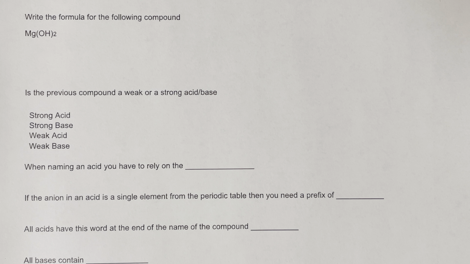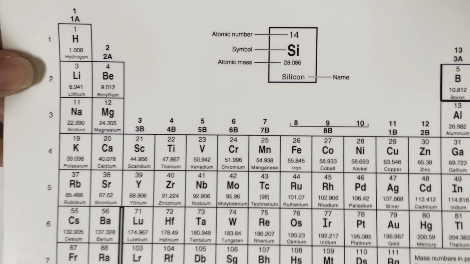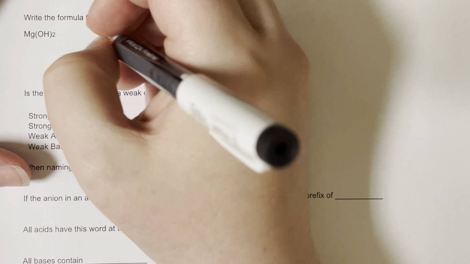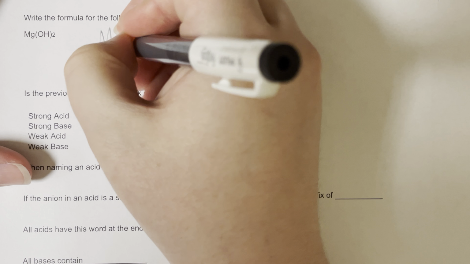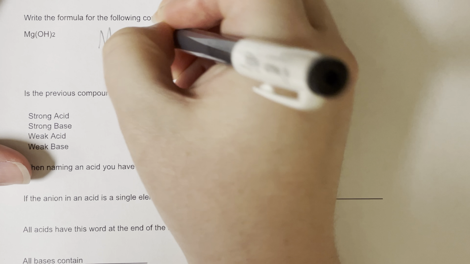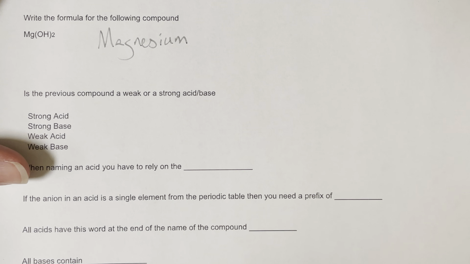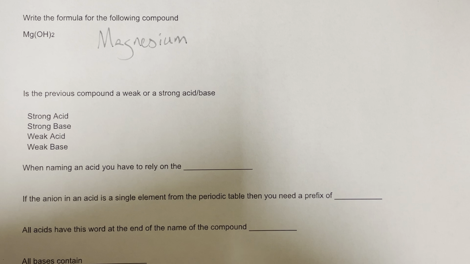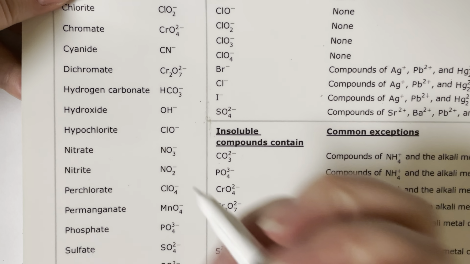Write the formula for the following compound, Mg(OH)2. So Mg is going to be magnesium. Magnesium is in the first two columns, which means that this is a representative metal, and I do not need to calculate oxidation states. So I just have to write the name of the metal. OH is a polyatomic ion, so I don't need to change its name, I just need to figure out what it is.